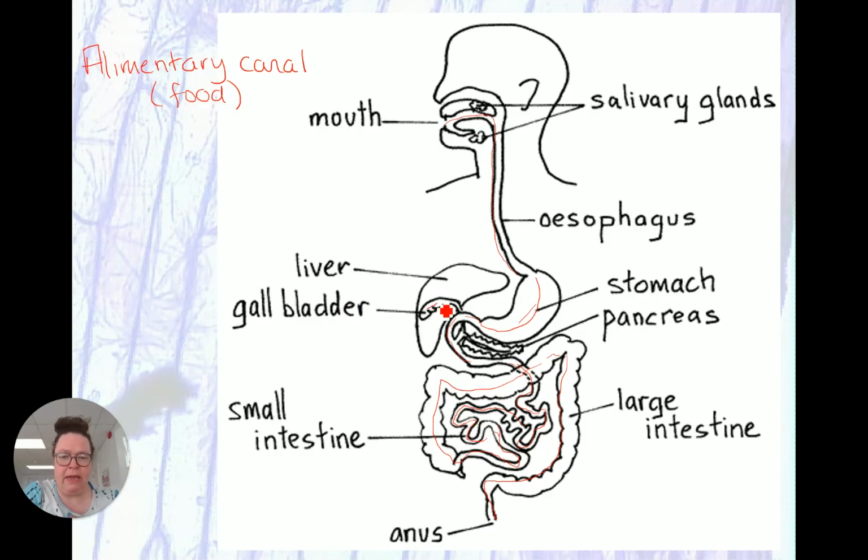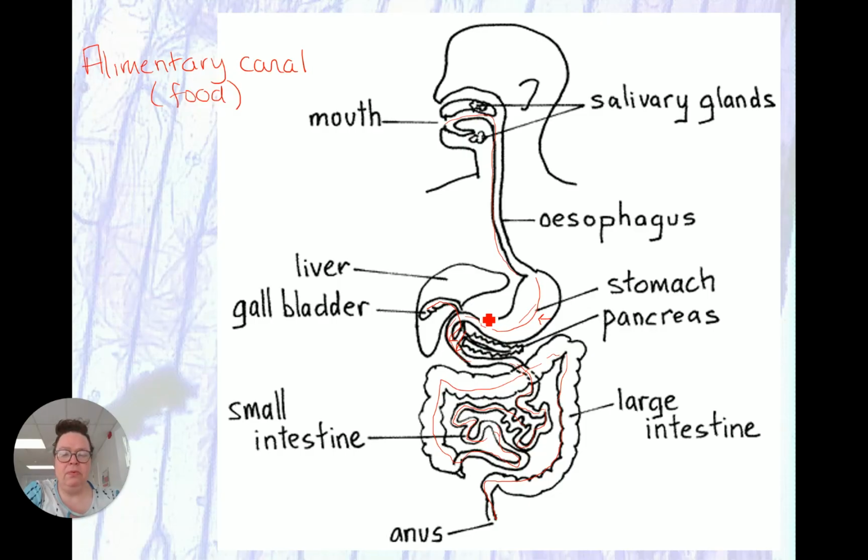So if you see the gallbladder here, that will empty its bile into the small intestine. We'll talk a bit more about bile in a minute. And the pancreas, like this feather shaped, that will empty enzymes into there. The stomach will also make acid, which it empties into there. But it goes through one long canal.